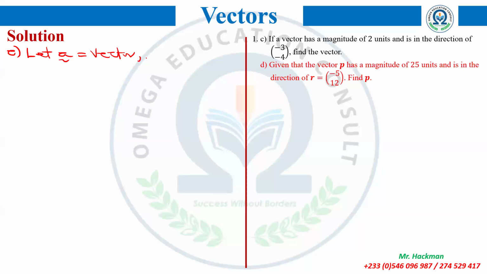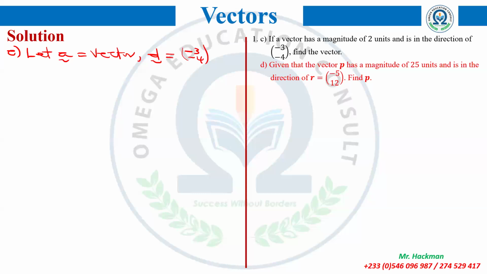And I will need my direction vector, so I will use D to be equal to the direction vector that you have here, that is (-3, -4). It's just for convenience sake. Is that clear? Hello, are you with me?